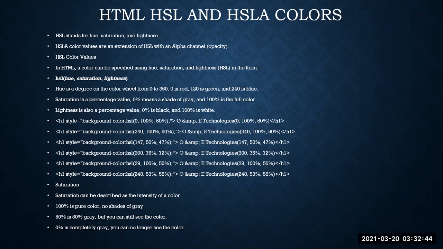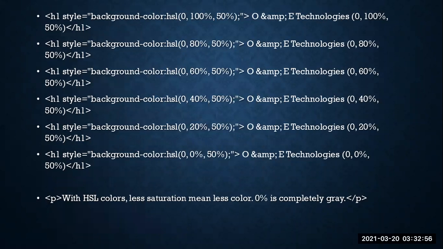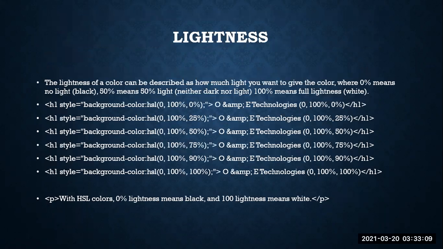Then 0% is completely gray. When you put that 0%, you are making that particular color a gray version of that color, a shade of gray. So now you can try this color combination: copy them and place them in your code editor and see the output.